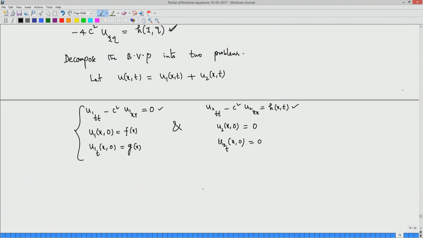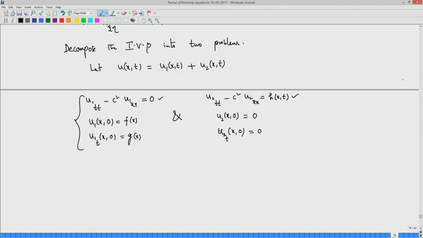So I decomposed the actual non-homogeneous initial value problem into two problems. One is the homogeneous wave equation with the initial data, whose solution u1 of x t is given by D'Alembert's solution.